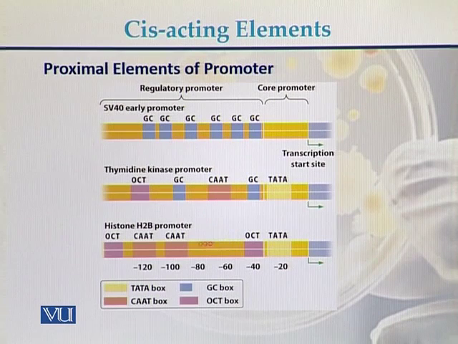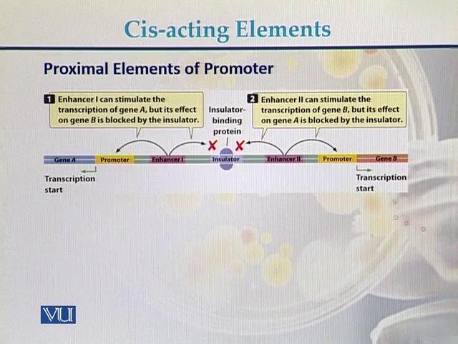In this diagram, the CAT box is here, the CAT box is here. So these are all proximal elements of the promoter. They are called cis-acting elements. These are actually those sequences to which trans-acting elements bind.